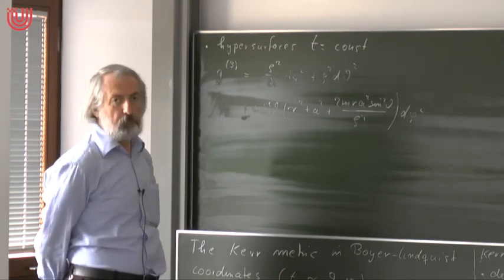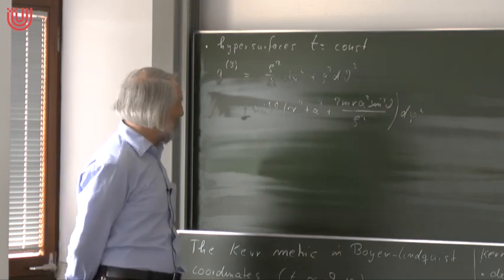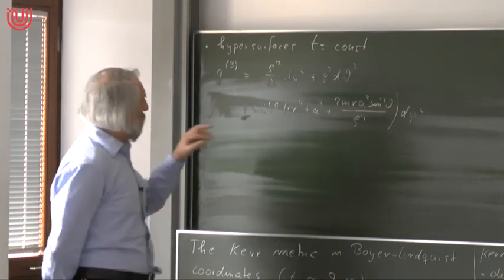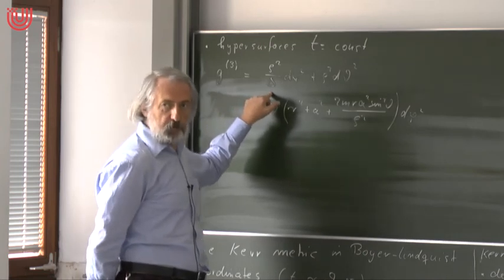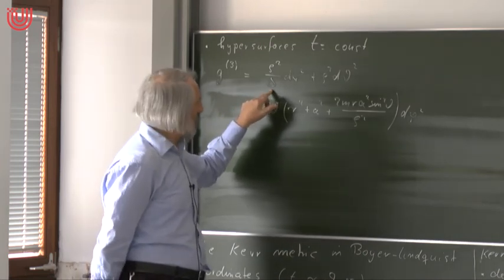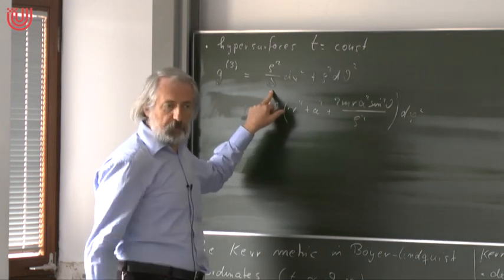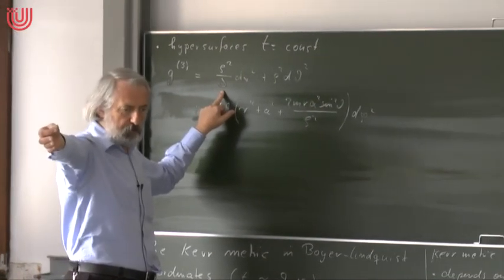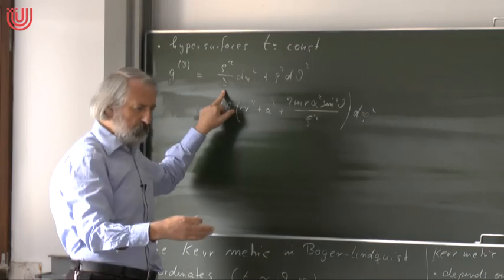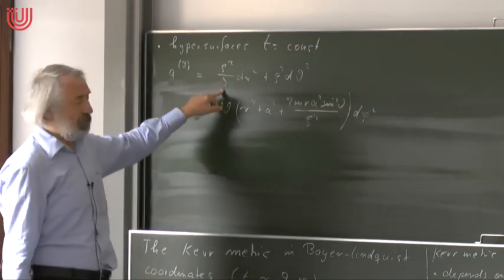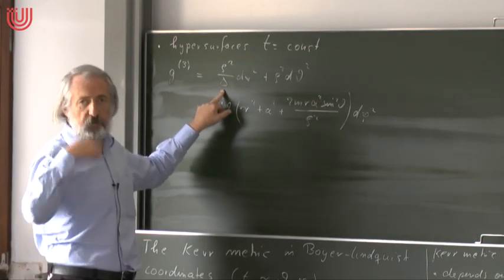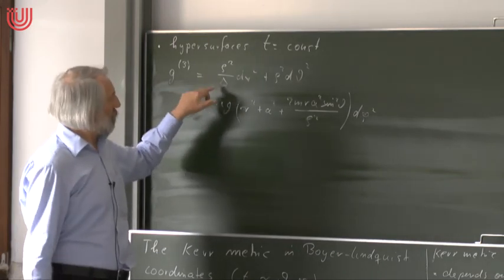It probably depends on the region where we are. So we have to be careful with this term. Delta can be negative. Delta is negative between the horizons. The horizons are the zeros of delta. So delta is positive for big r, it is negative between the two horizons, and then it's again positive. So you see this term here becomes negative between the horizons. But outside of the outer horizon, it is positive.